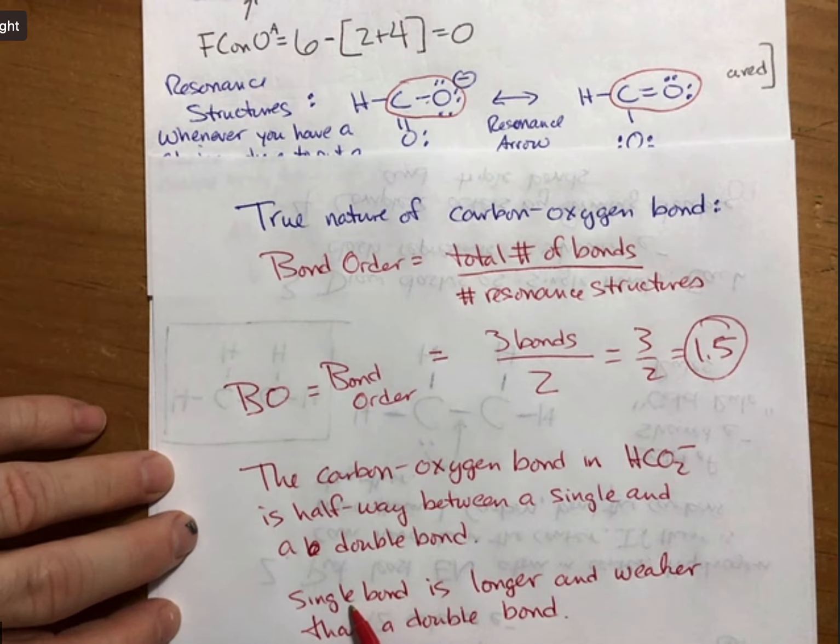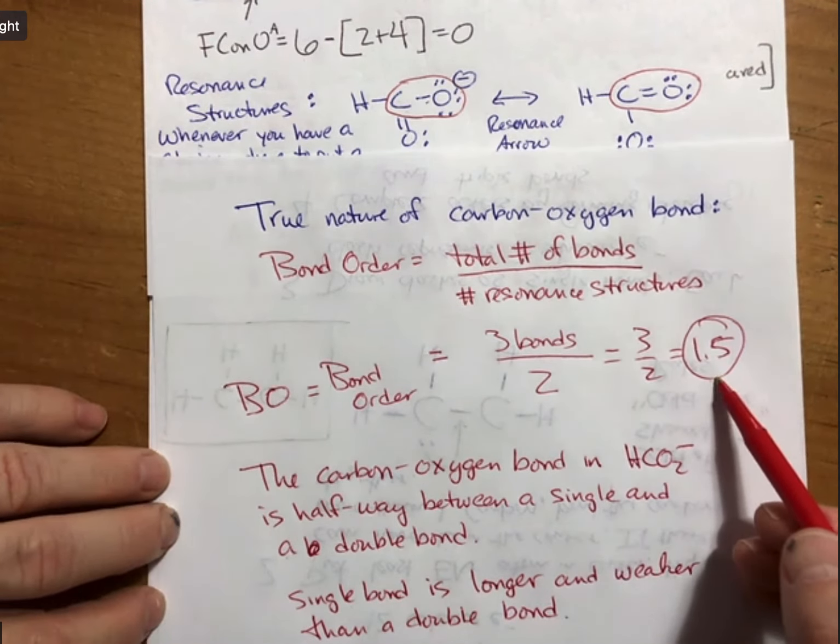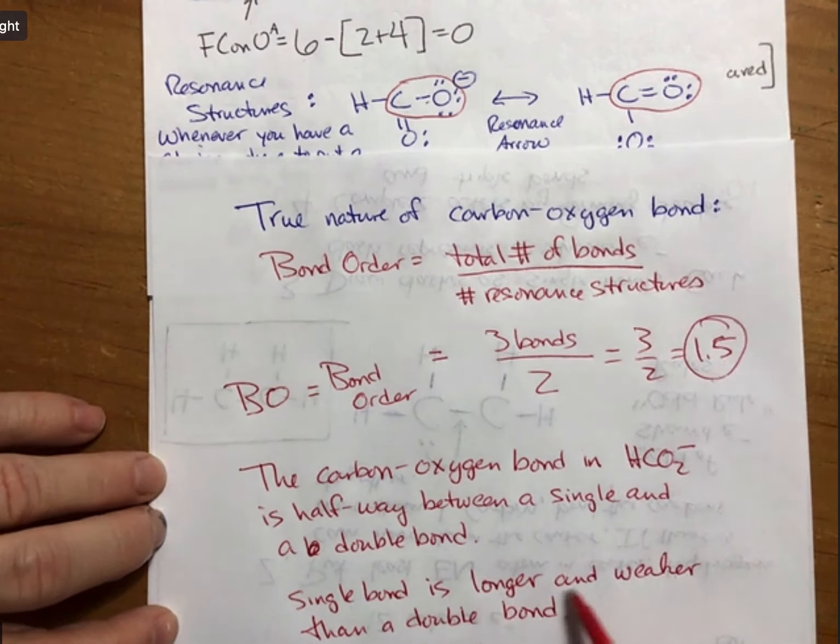So a single bond is longer and weaker than a 1.5 bond as well, and a 1.5 bond order is longer and weaker than a double bond.